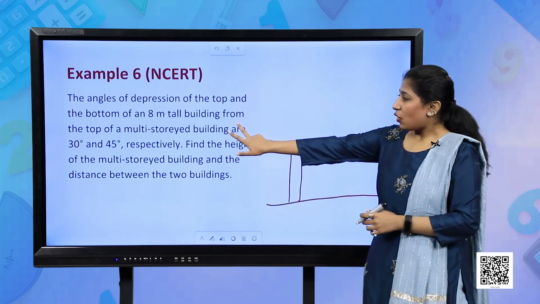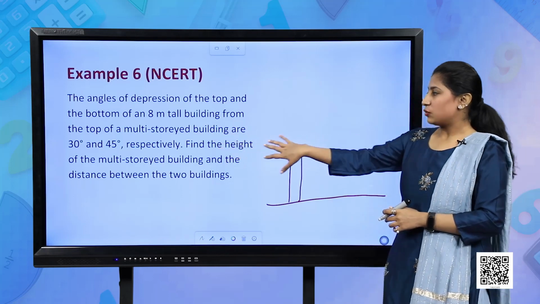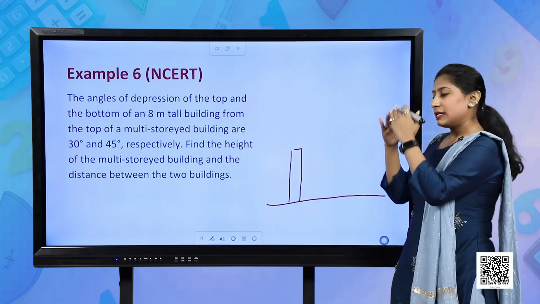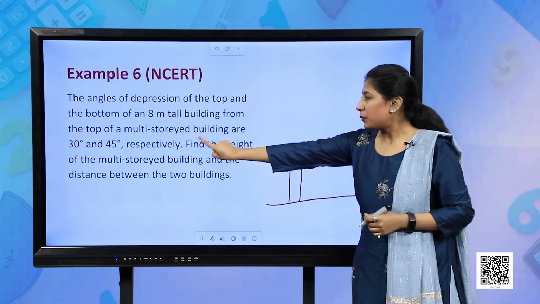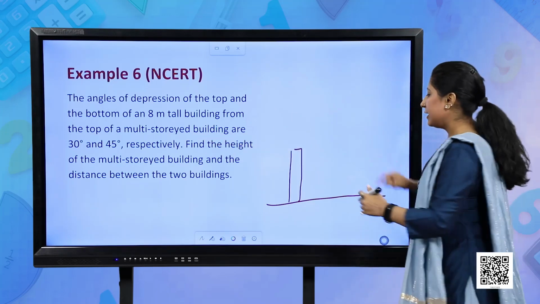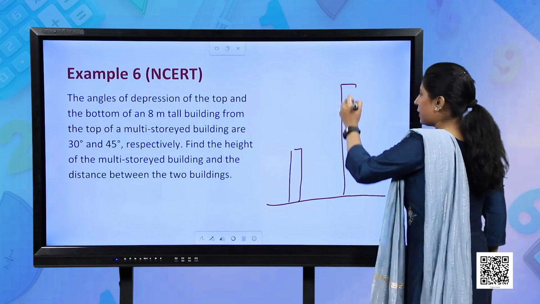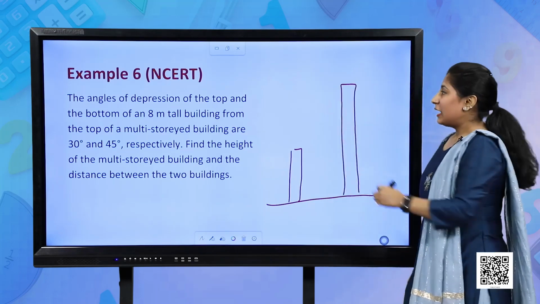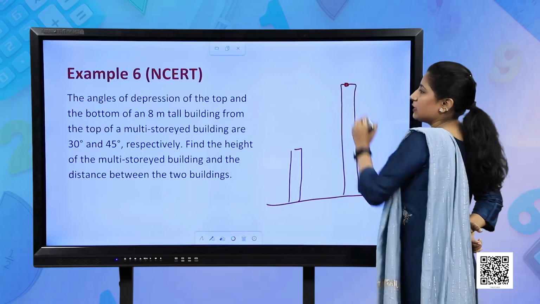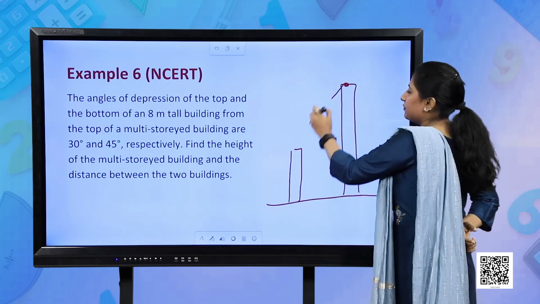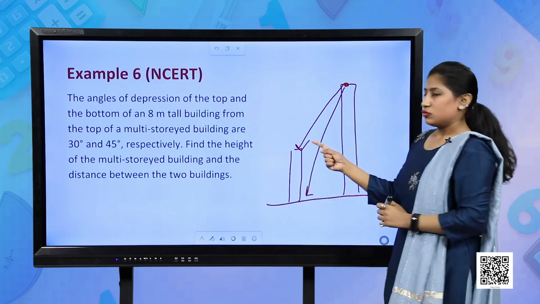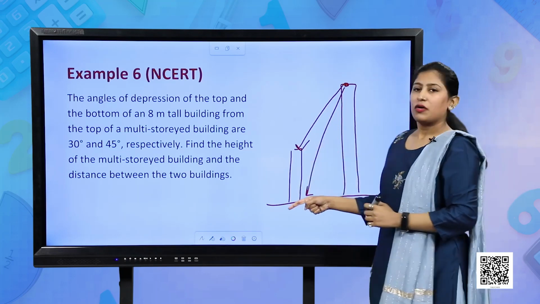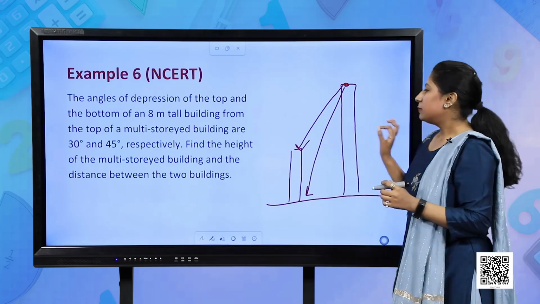Now from a top of multi-storied building, where the angles are coming, what is the starting point? Starting point is the top of multi-storied building. Now this is my multi-storied building, and from the top of this building, angles of depression are being made to the top and bottom of the 8-meter tall building.